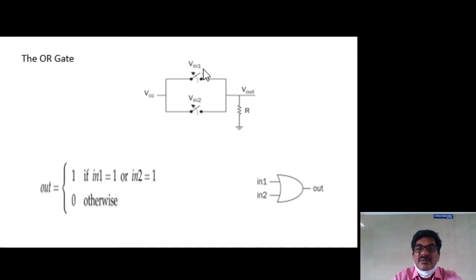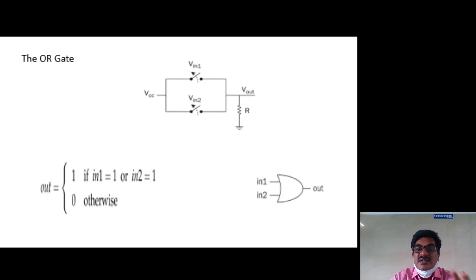Let us take first both input values as 0, 0. Both inputs are at 0, which means the circuit acts as an open circuit. The switches in the off mode act as an open circuit, so no current will pass from one end to the other end. Hence the output is also 0.